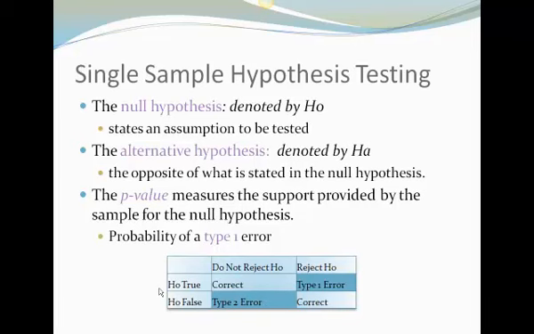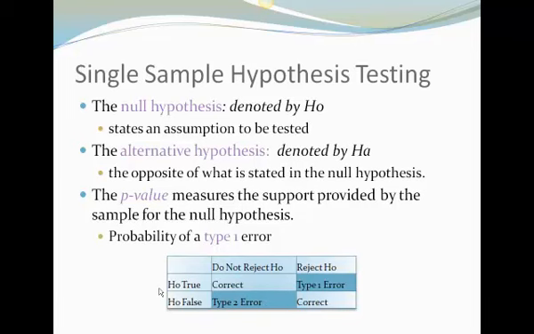So I test that my grade is going to be less than a 95%. And then my goal is to reject that my grade is going to be less than a 95%. So I will end up concluding that my grade should be greater than a 95%. So start with what you think is HA. HO is the opposite of what you think. And then your goal is to reject HO so that you can conclude HA.